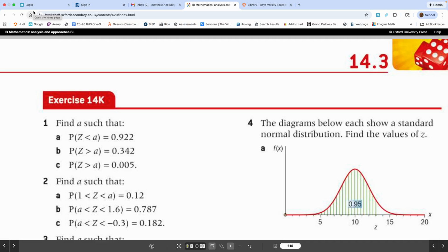But we're not really finding 2 bounds, we're just finding 1 because the calculator is always going to use the lower bound as negative infinity. You're telling me the probability and we're placing the bound, okay? So that's the difference between the 2. One of them gives me probability or area, and the other is given probability or area and finds the bound. So we're going back and forth there.